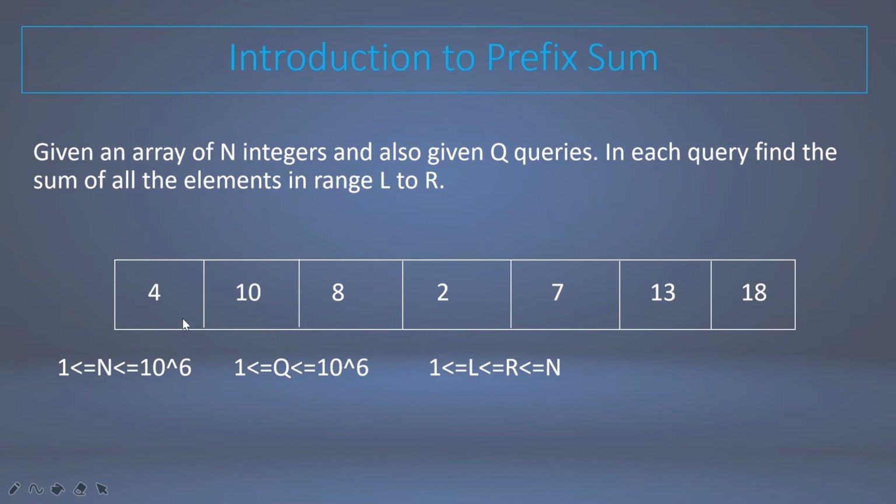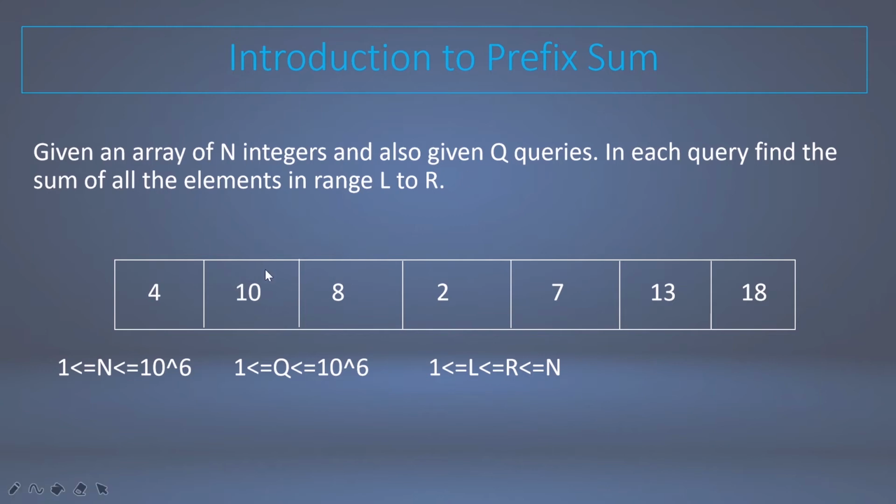So if you do it this way, in the worst case you are traversing the whole array, which is n, in all the q queries. Suppose in some query you are given 1 to n by 2, and in another query you are given n by 2 plus 1 to n, then again 1 to n by 2, in this way. So in the worst case you will traverse the size of the array, which is n.